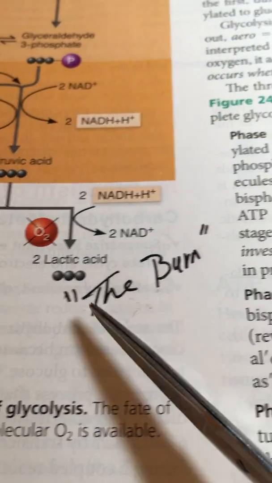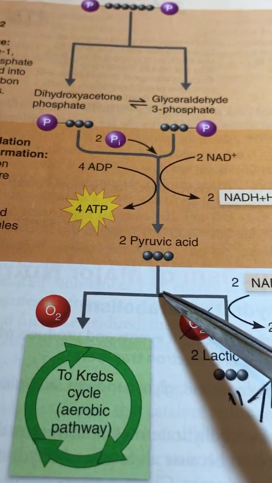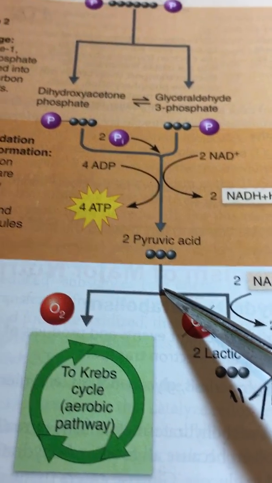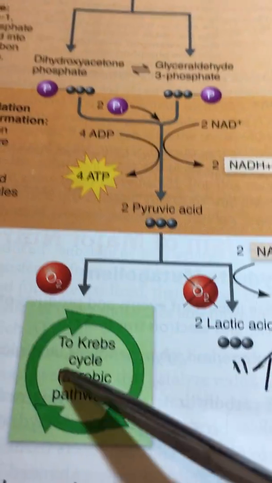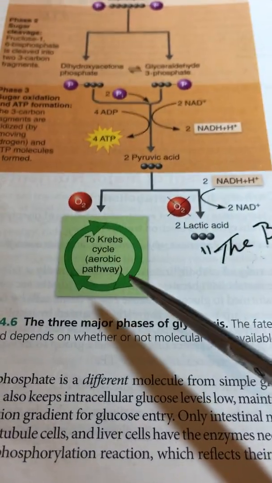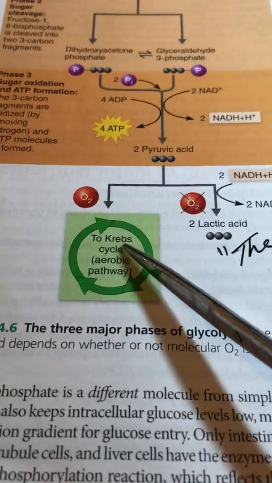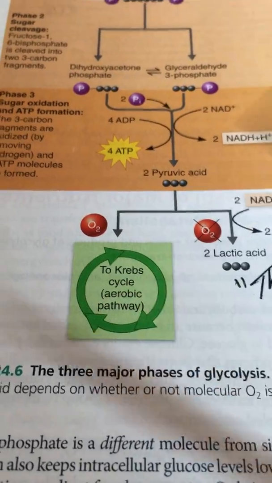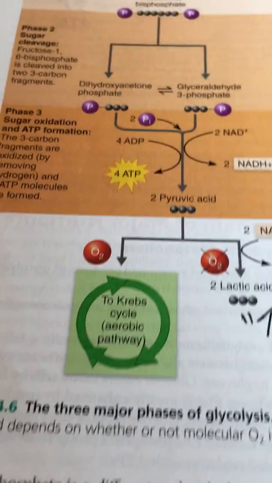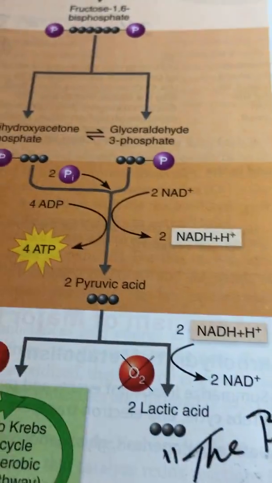That's the burn. Okay. Then if we start to breathe properly and slowly, and we are able to press on forward, the pyruvate goes to acetyl-CoA, enters the Krebs cycle, and now we're all set. And this requires oxygen. So this is the oxidative phosphorylation stage. Okay, and then we press on from there.